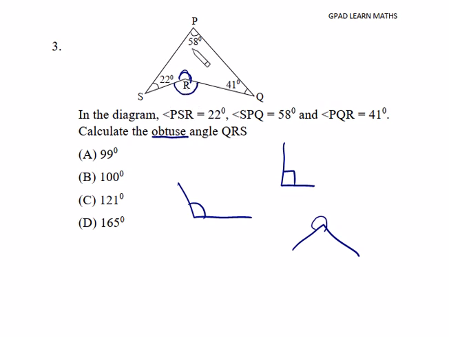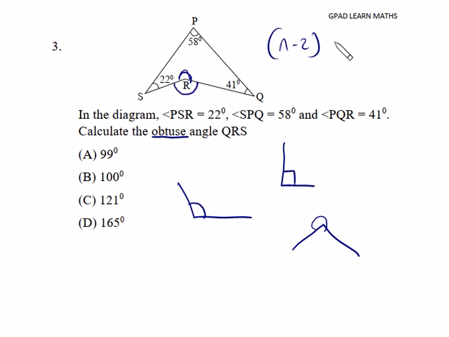Now, how many sides does this shape have? This shape has 4 sides. PS is a side, PR is another side, RQ is another side, and QP is another side. So we have 4 sides. Now, the sum of angles of a 4-sided shape is 360 degrees. You might want to ask, why is that so? There's a formula for the sum of angles of an n-sided polygon, maybe 3 sides, 4 sides, and so on.